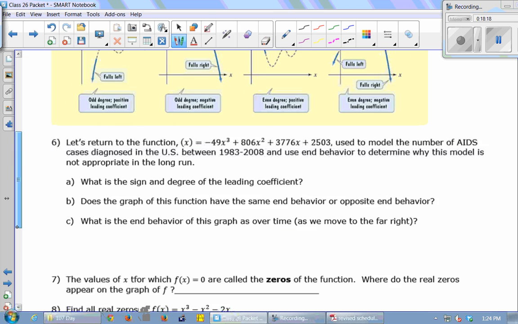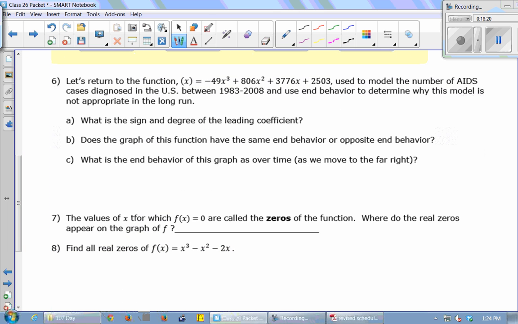So let's return to this function that was modeling the number of AIDS cases. We use this cubic model to model the number of AIDS cases diagnosed between 1983 and 2008. We want to use the end behavior to determine why this model is not appropriate in the long run.